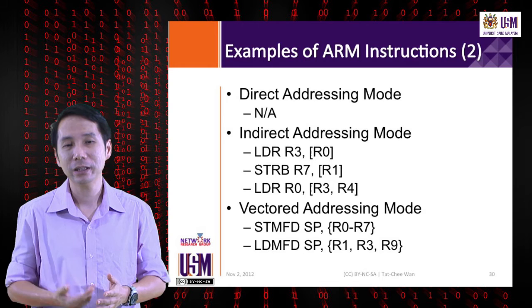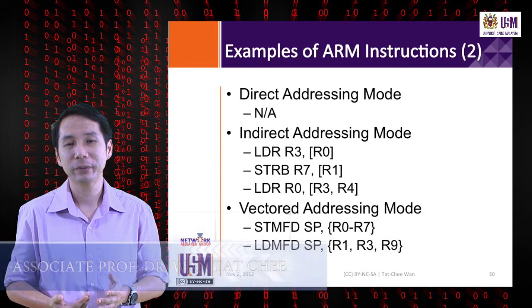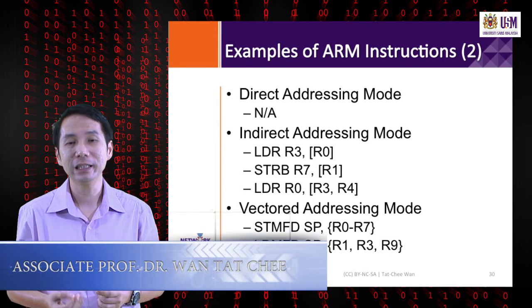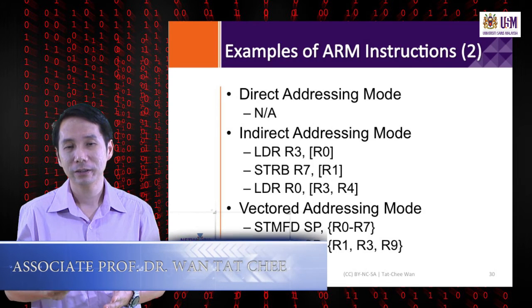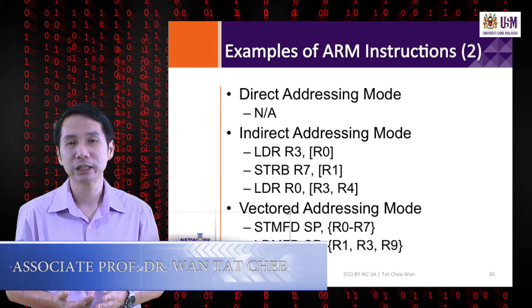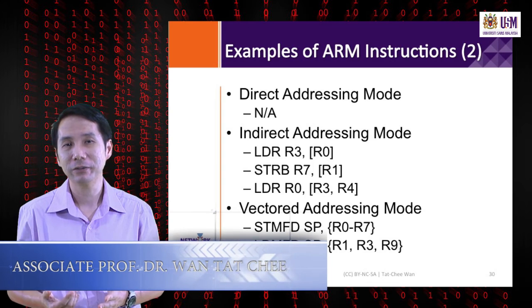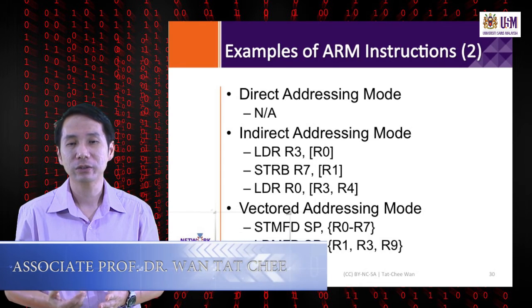Load register, LDR R0, [R3, R4], is an indirect addressing mode which uses R3 as a pointer and R4 as the offset value to be added together in order to come up with the effective memory address location.